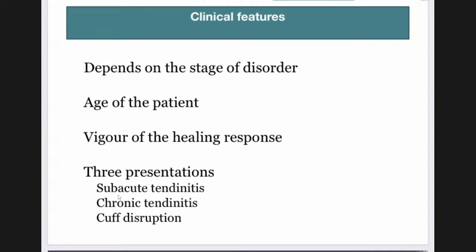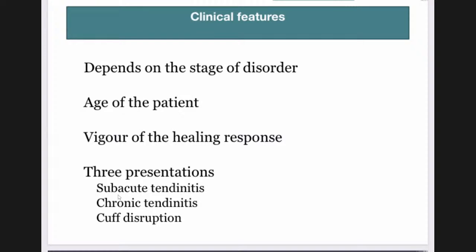And if it is an elder patient, then the tear progresses and the healing is very, very bad. Now, the vigor of the healing response is also dependent on the comorbid situation of the patient, the age of the patient, the blood supply, everything contributes to the healing response.